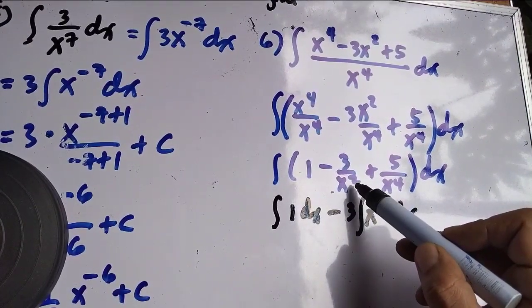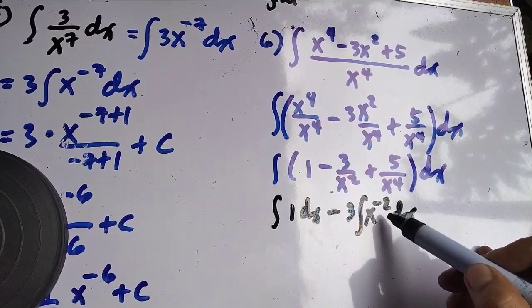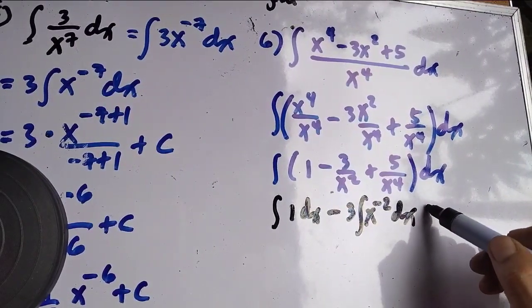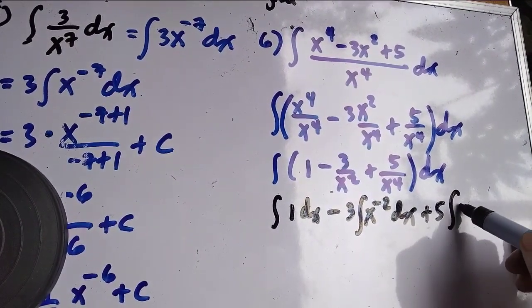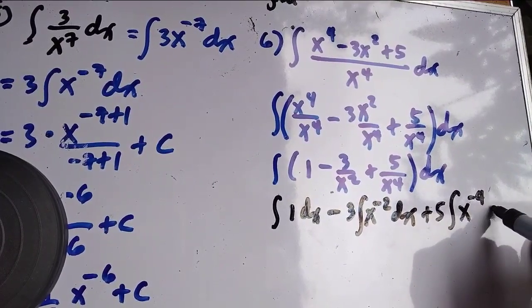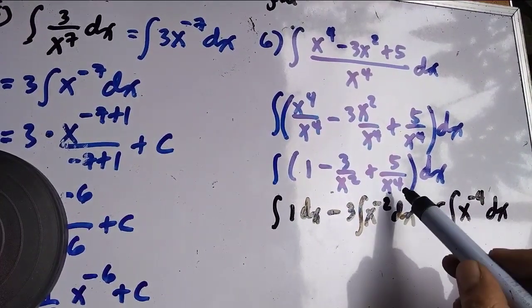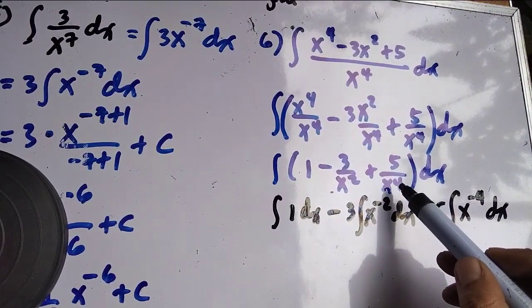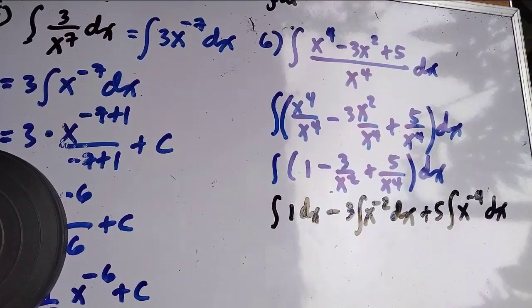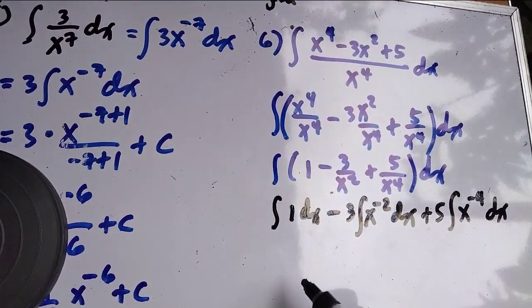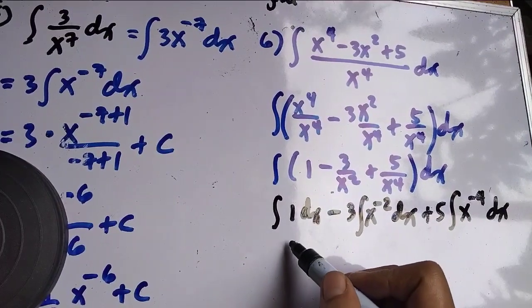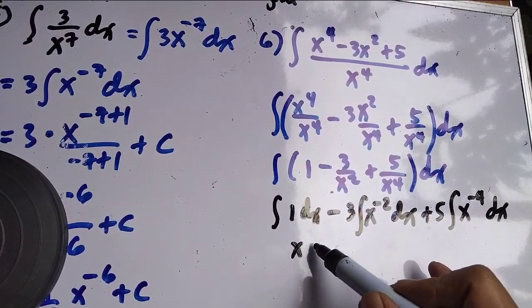Kay ato maning gisakat si x squared dito sa taas, so mahimo siyang negative. Plus 5 integral of x to the negative 4 dx. Because atong gipasakat si x to the 4th sa taas, so mahimo siyang negative 4. Then integrate na din ka. Integral of dx is x.